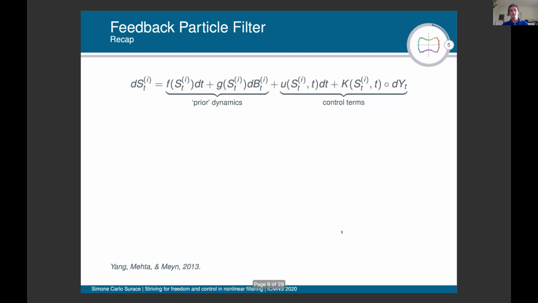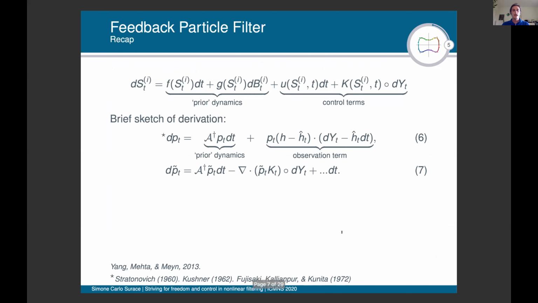So I will briefly sketch the derivation. Here is our ansatz for the particle dynamics. And in order to derive the appropriate choice of U and K, what we do is we write down the filtering equation, which is a quite classical result, an old result from the 60s, which is basically an equation for the time evolution of the conditional distribution, which is given in terms of the prior dynamics, which is the Fokker-Planck term, which would appear also in the unconditional distribution.